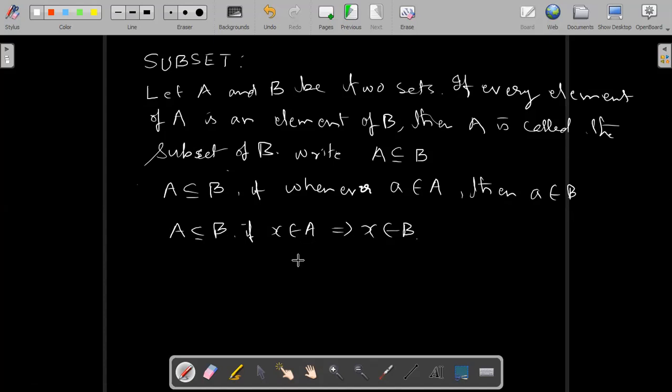It is read as A is a subset of B if X is an element of A, then it implies that X is an element of B.